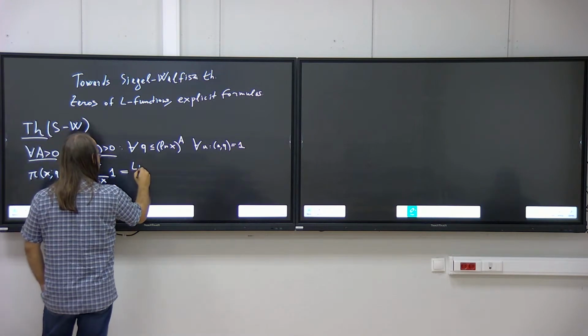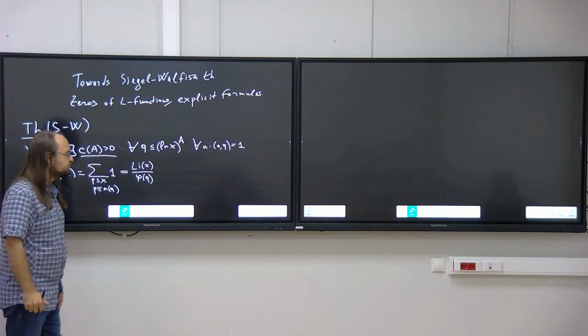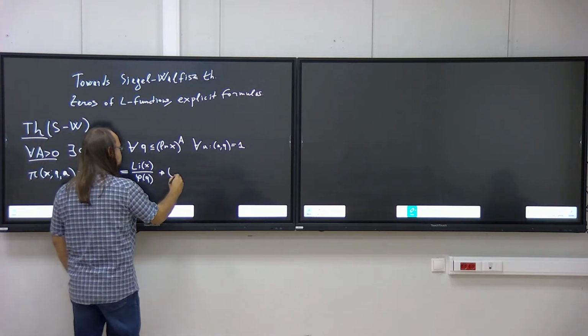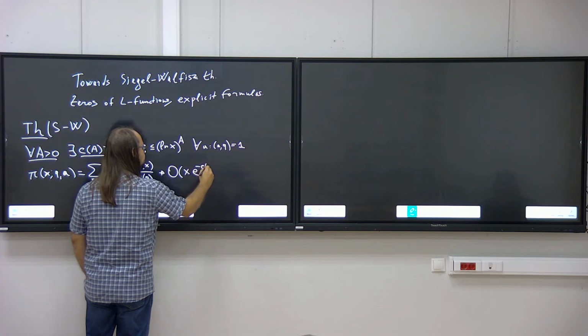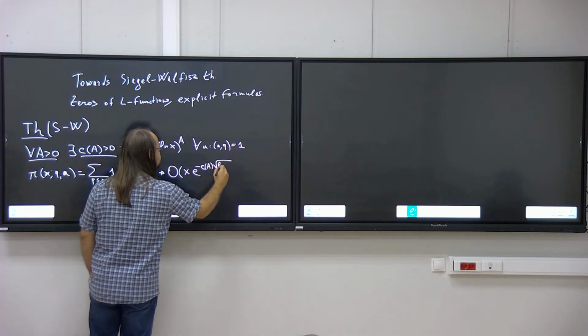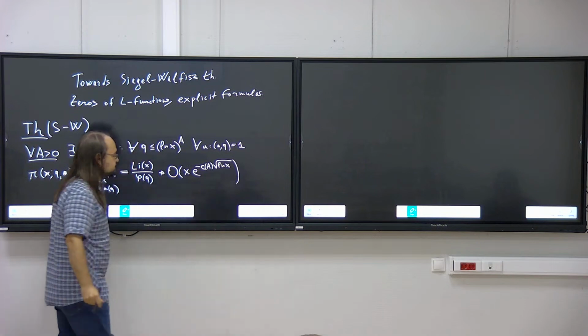It is the integral logarithm of x divided by phi of q, plus big O of x e to the power minus c of A square root of logarithm of x.